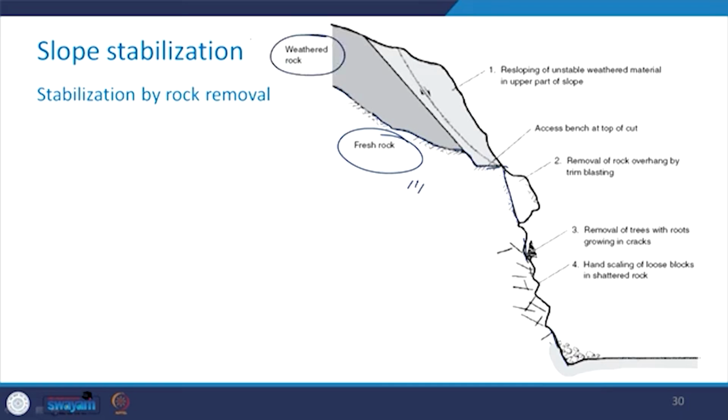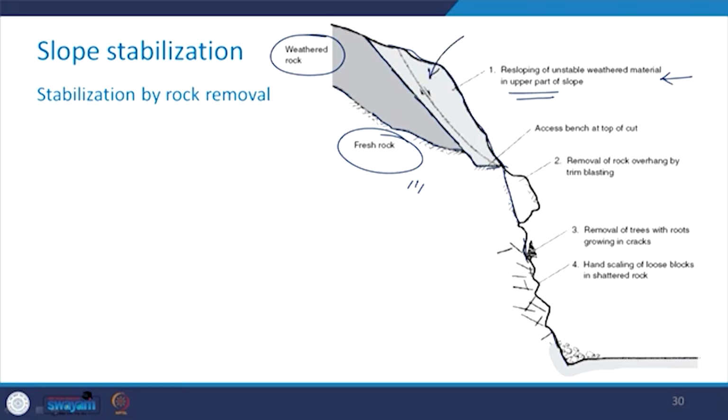So, the first step is that we are going to re-slope this unstable weathered material in the upper part of the slope. Which was earlier like this, now this can be re-sloped in this particular fashion. So, that means we are removing this portion.